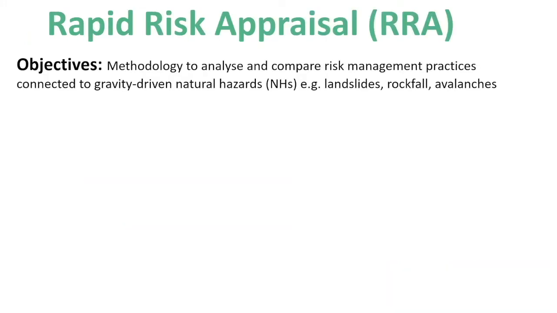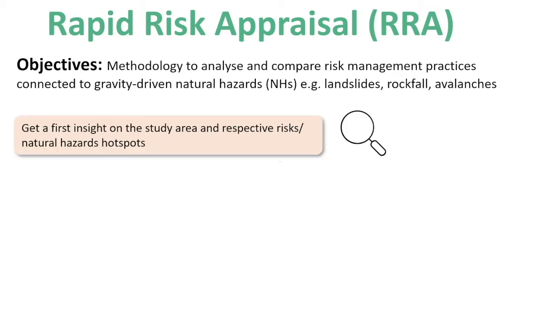So what are the objectives of the Rapid Risk Appraisal methodology? Well, the goal of the approach is to analyze and compare all the different risk management practices which are in place to address the different risks in each of the study areas, particularly those connected to gravity-driven natural hazards, such as landslide, rockfall, or avalanches.